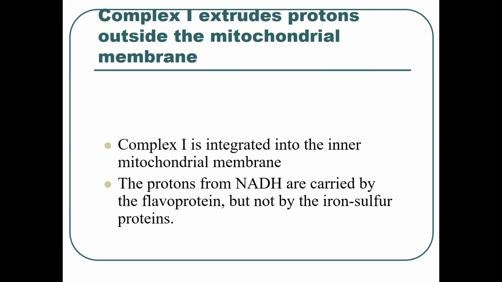This monstrosity of a complex is integrated very nicely into the inner mitochondrial membrane. The protons get transferred to a flavoprotein, but those protons then get extruded to the other side of the membrane because the next carriers are iron and iron sulfur proteins.